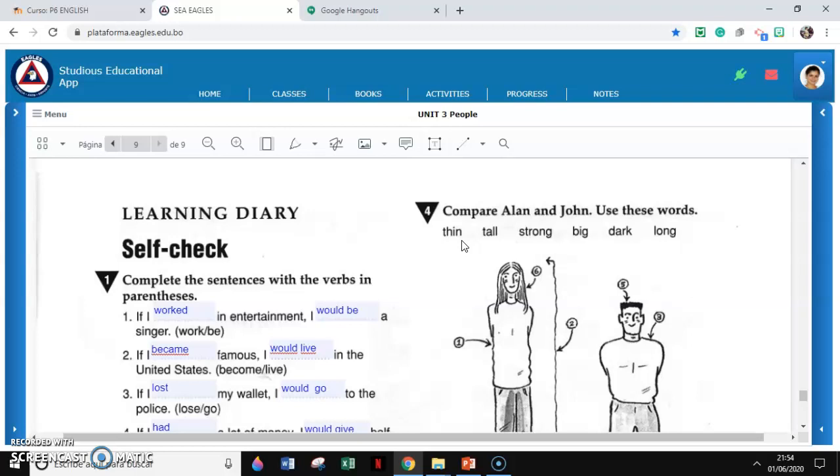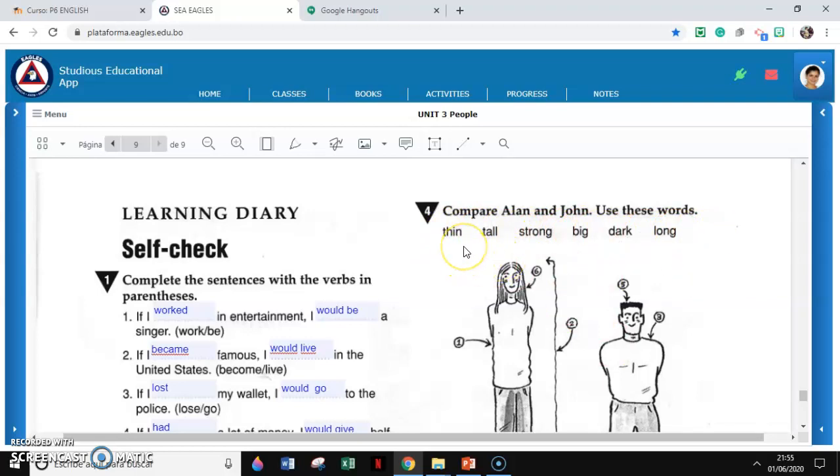An adjective is a word that describes the noun. Here we have Alan and we have John, and we need to compare them. We're going to describe them by using adjectives. Comparative adjectives: there are some rules that we need to apply in order to make these comparative adjectives.